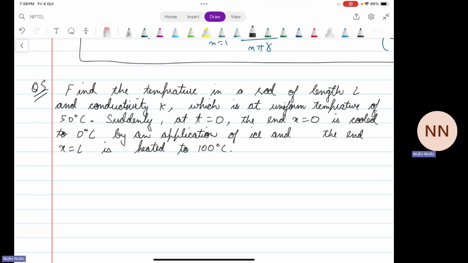So at x equals L the temperature is increased, whereas at x equals 0 the temperature is reduced.